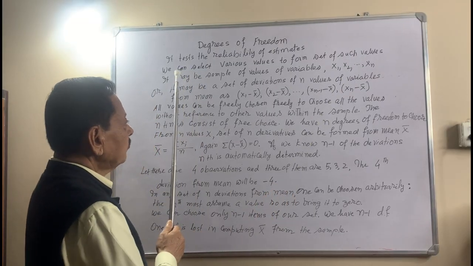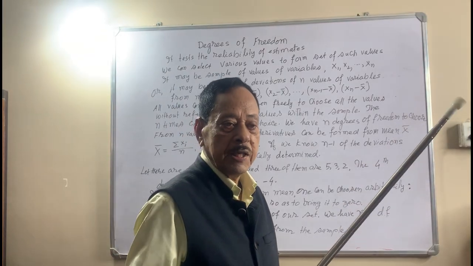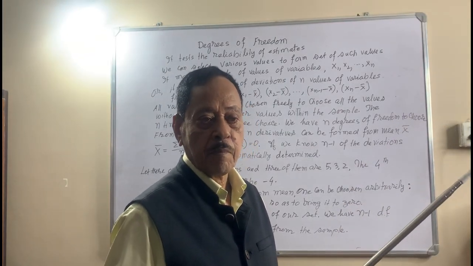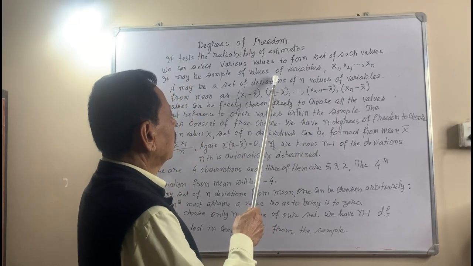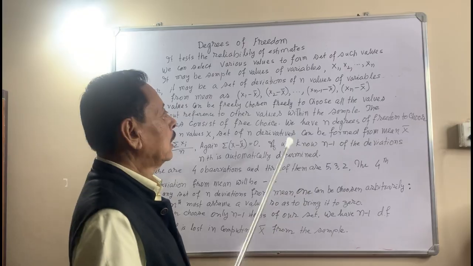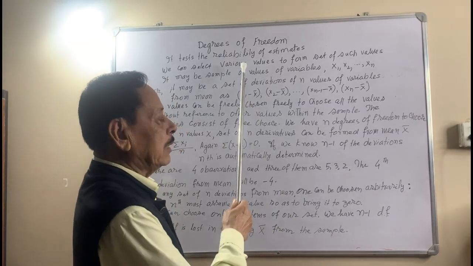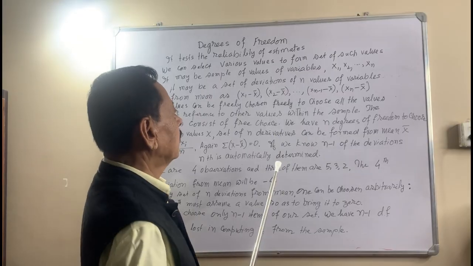Suppose we have the function: y is a function of x. So we will have the x values, and we will have the y values, the values of the dependent variable and values of the independent variable.